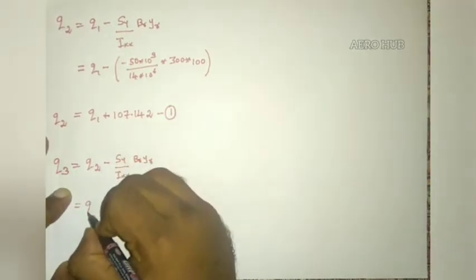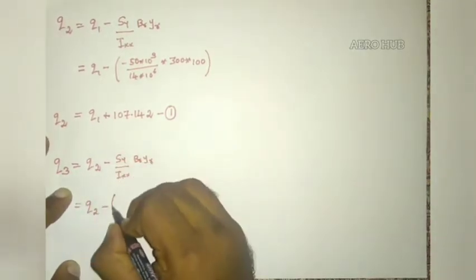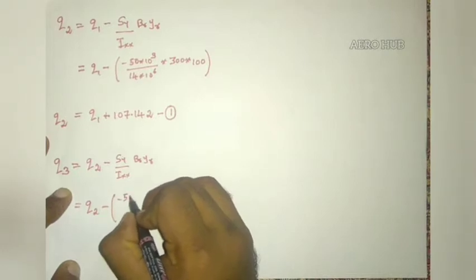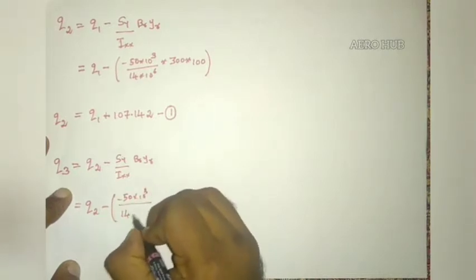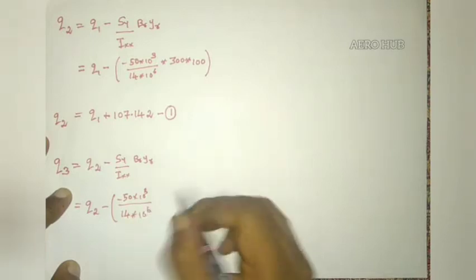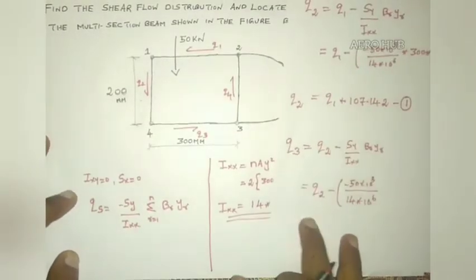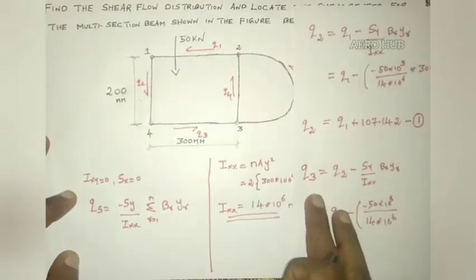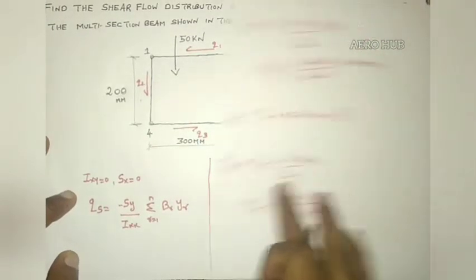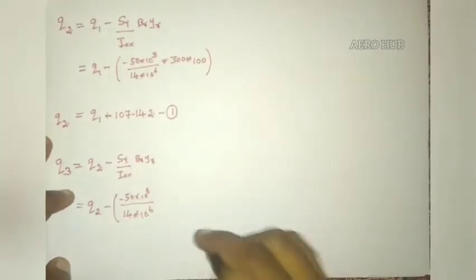So Q2 minus Sy is minus 50 into 10 power 3 and the value of Ixx is 14 into 10 power 6 and the boom area at portion 1 is nothing but 300. Okay, same 300.